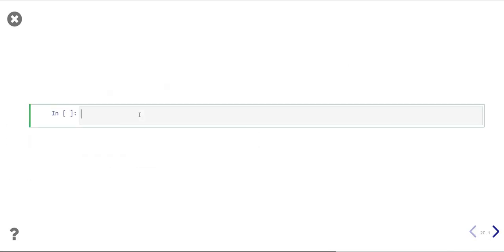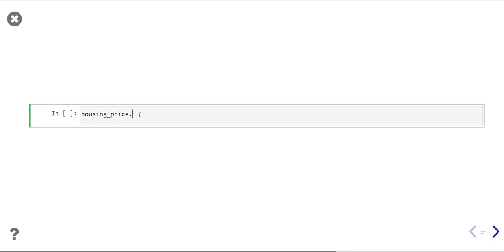Then we are also going to use something that we have used before. What is the function that we use to know the distribution of data? Does anyone remember? What's the distribution of the data? 25%, 50%, 75%.